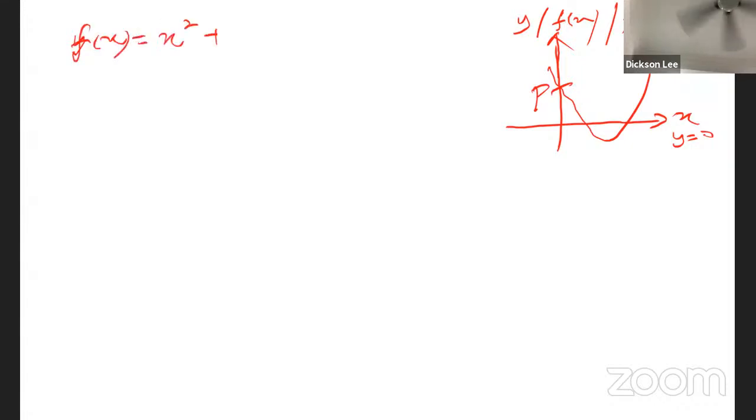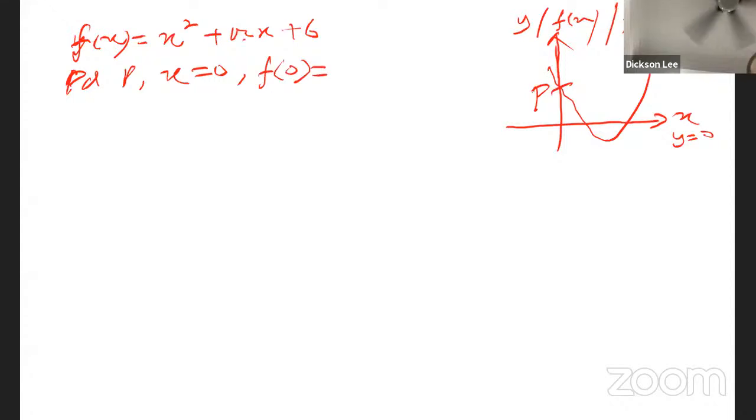So when the line cuts like that, at P, the equation is f(x) equals x squared plus mx plus 6. So you just put at P, x adalah nilai kosong. Maka f(0) sama dengan 6. So x is 0, y is 6, maka P adalah (0, 6).